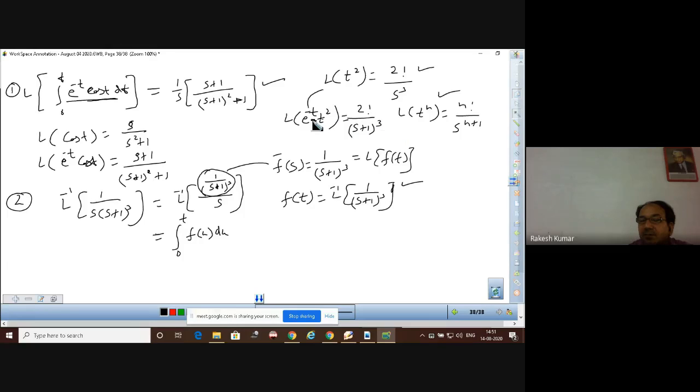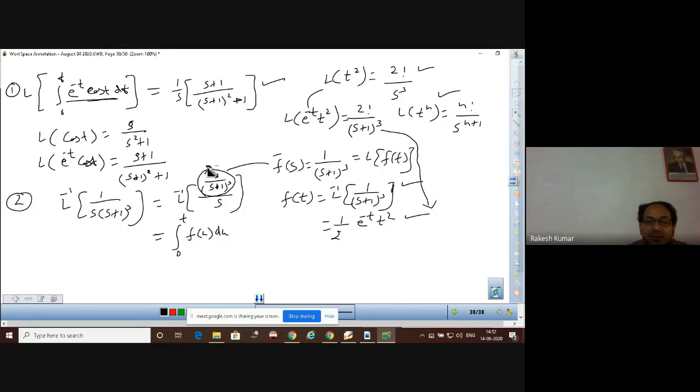And then you can take L inverse on the other side. Since the denominator is the same, that will be equal to 1 by 2 e raised to power minus t into t square, because L inverse will be taken to this side and 2 is a constant term, which can be taken to the left hand side. So this is the f of t.